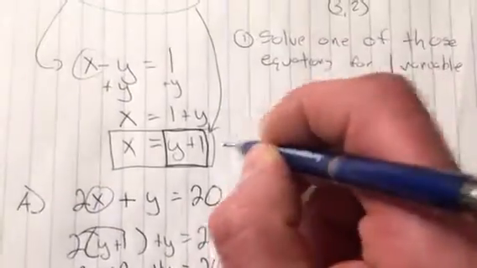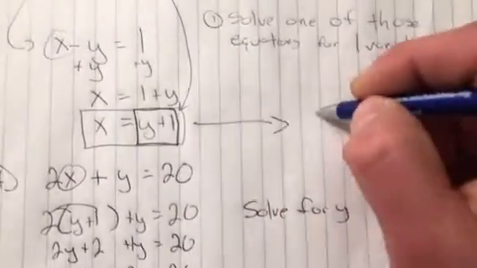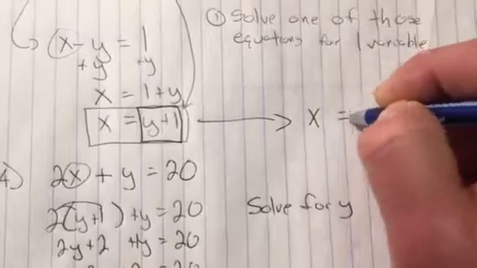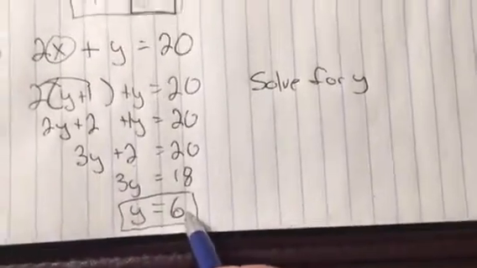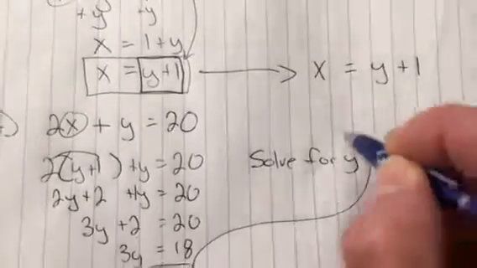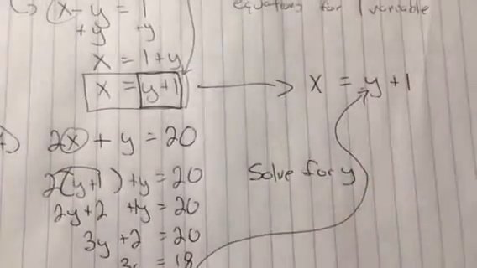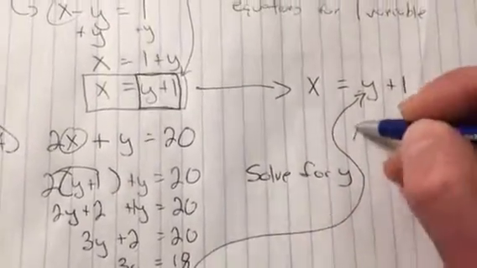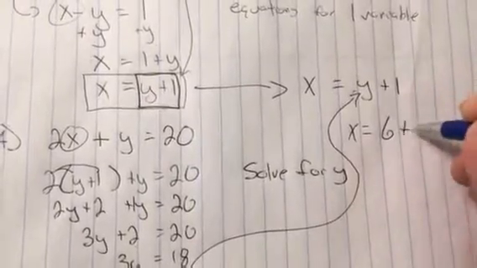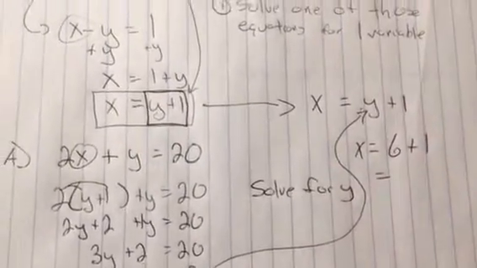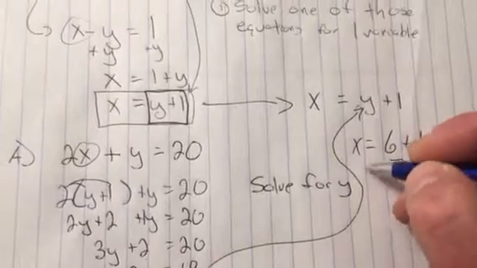That's the one I'm going to use. I'm going to pull this one off to the side, x is equal to y plus 1. And because we now know what that y value is, we're going to substitute it right in there. So x has to be equal to 6 plus 1, which is 7.